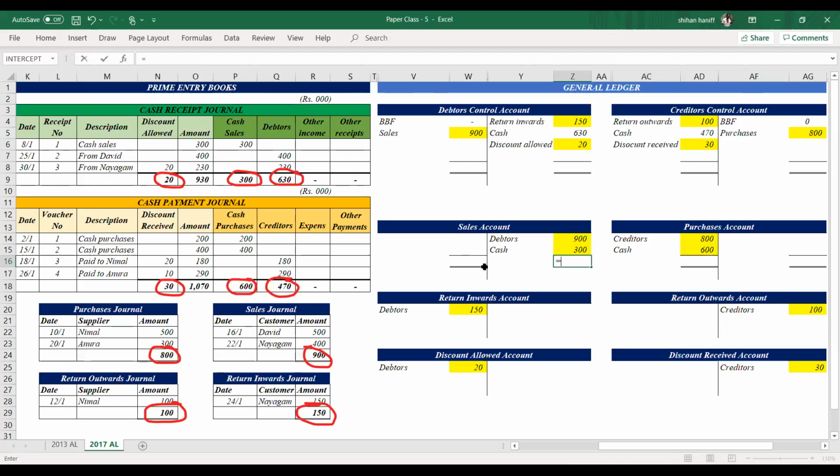Now let's take the total sales and purchases values, because we need to find out the gross profit. So a trading account is needed.